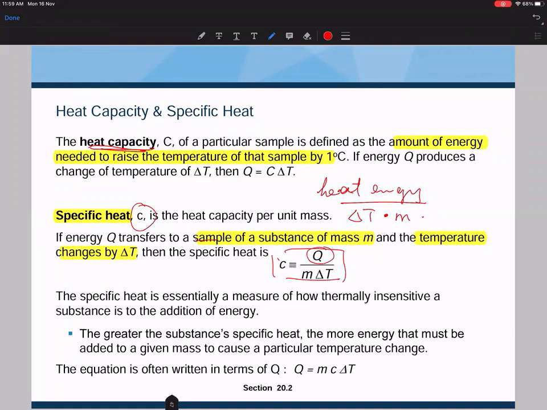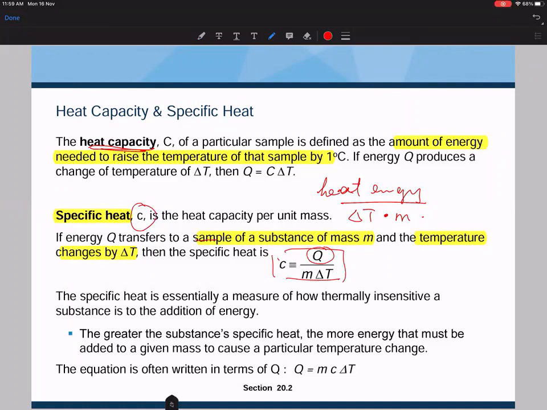So once again, the same symbol appears in different contexts. c here is the specific heat, so do not get mixed up with other physical quantities that appeared earlier in the lecture notes. Here, it refers to the specific heat.